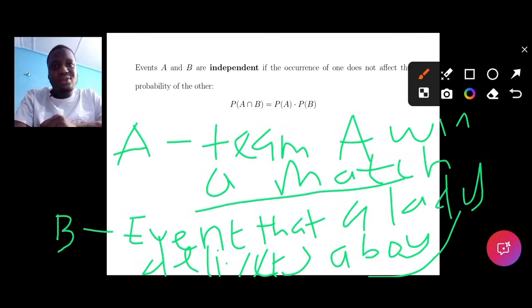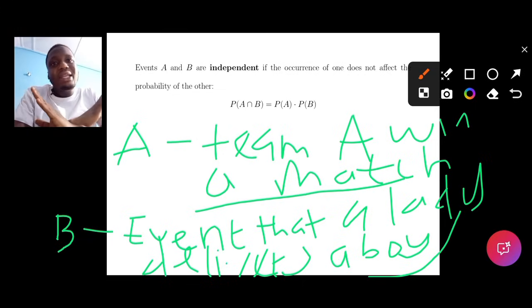What argument am I trying to bring? I'm trying to tell you that independence doesn't have anything to do with occurring. If they are independent, it doesn't mean they cannot occur together or that they can occur together. It doesn't really matter. If they are independent, they can happen together, or they might not happen together. That's not the concern.